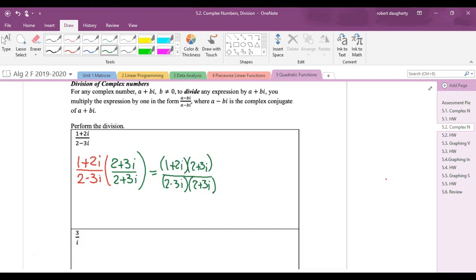If I look at the top, what happens when I FOIL the top? I get 2, and then what? Plus 3i, plus 2i. And what do I get from the last terms? 6i squared. Yes, you're right. So it's 3i plus 4i.